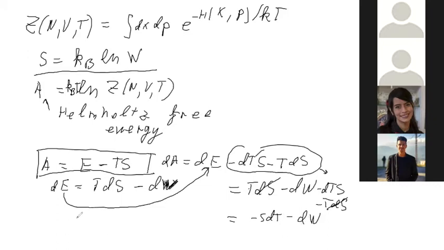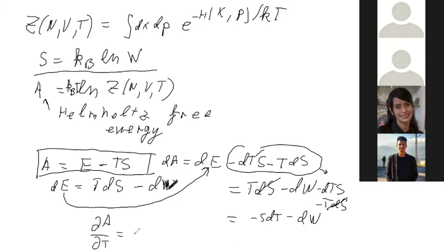Is it clear? This little derivation. Okay, so what happened now? From this expression you can see that dA over dT is equal to what?